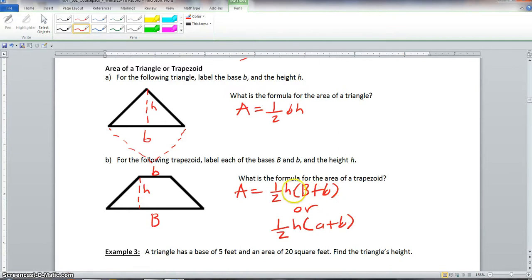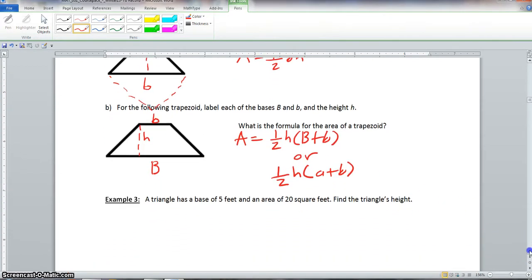And when I said you could multiply it out, you could do 1/2 hB or 1/2 hb. That's what I meant. But you can write it like this because in some problems, instead of the larger B, they will have the lowercase a. So this is just giving you the representation of that.